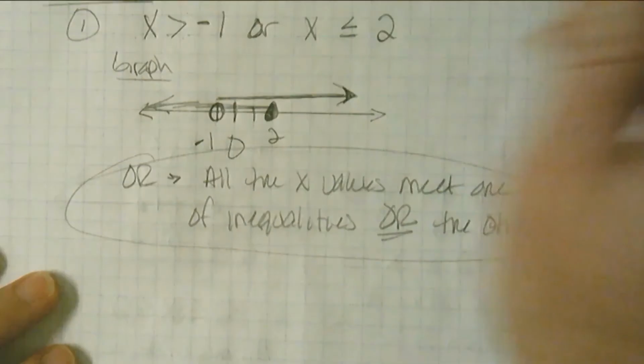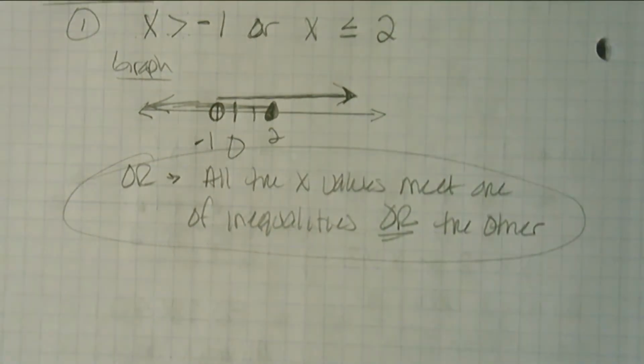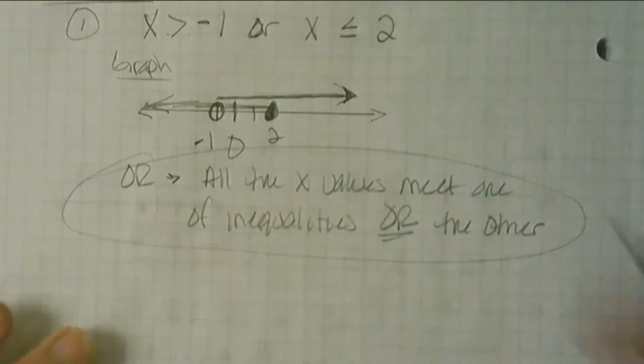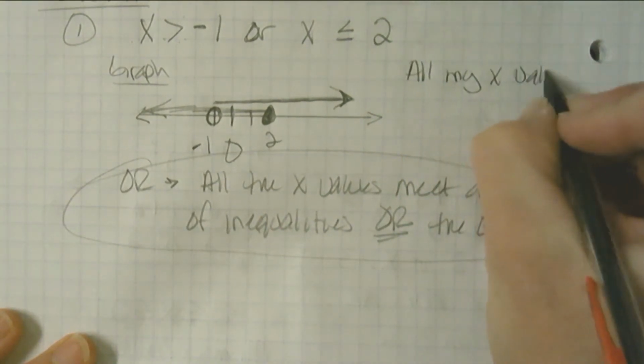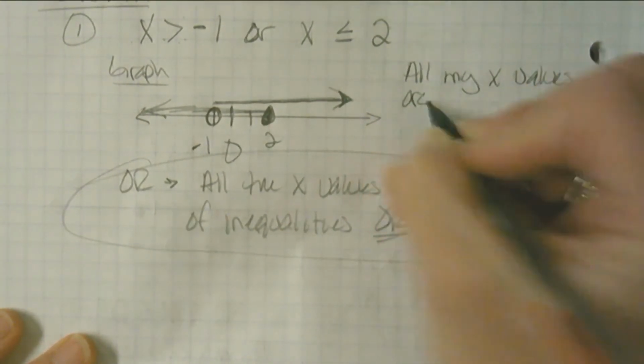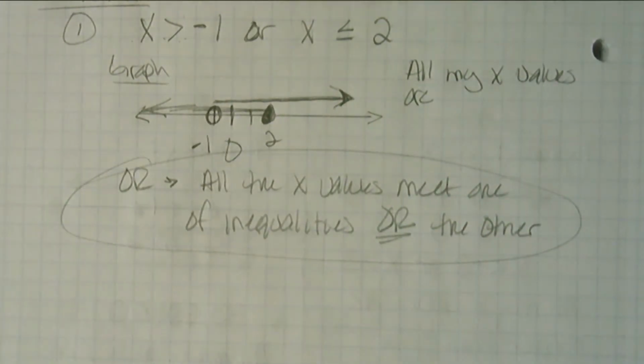So it either meets that qualification or it meets that qualification. So this is funky looking. So tell me, what are all my x values available? So if I was to explain this, all my x values are what? What are all my possible x values?